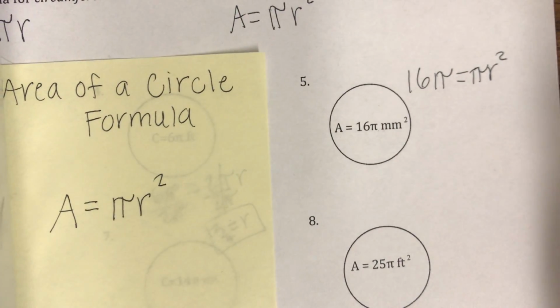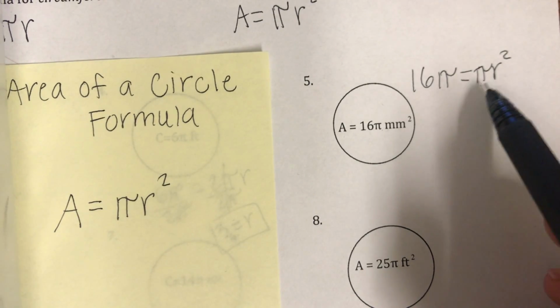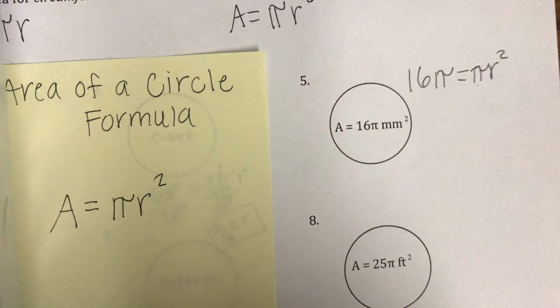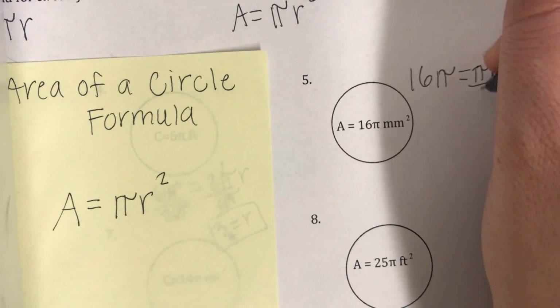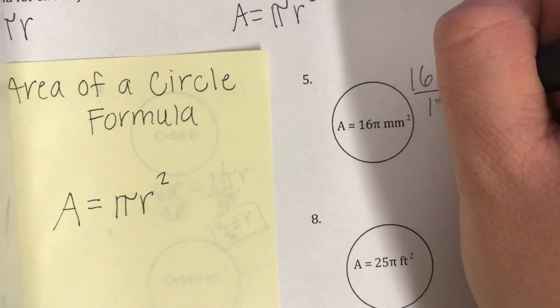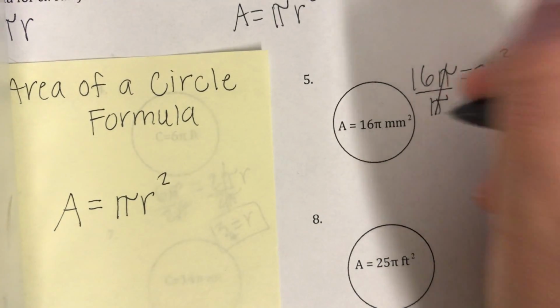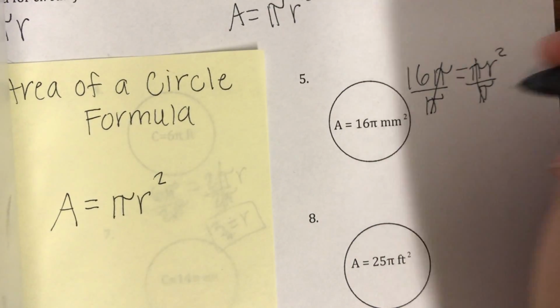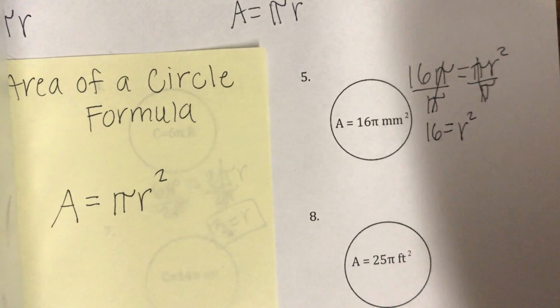Okay. We want to get r by itself. So we have pi being multiplied by our r squared. So to get rid of that pi, to get the r squared by itself, we divide both sides by pi, because what you do to one side, you have to do to the other. Those pi's are going to cancel out. So we're left with 16 is equal to r squared.